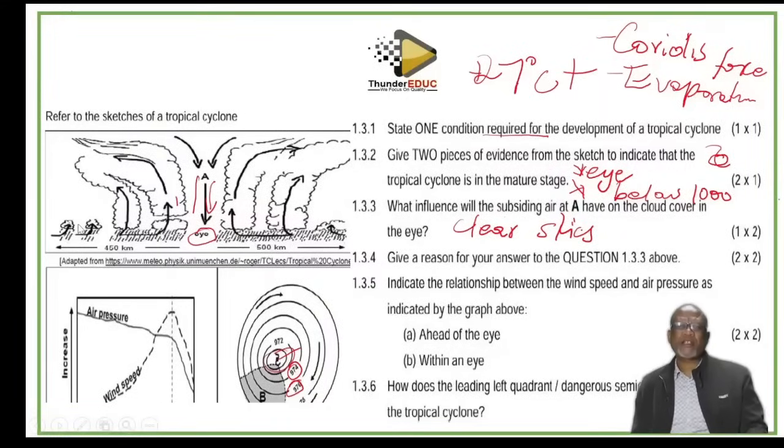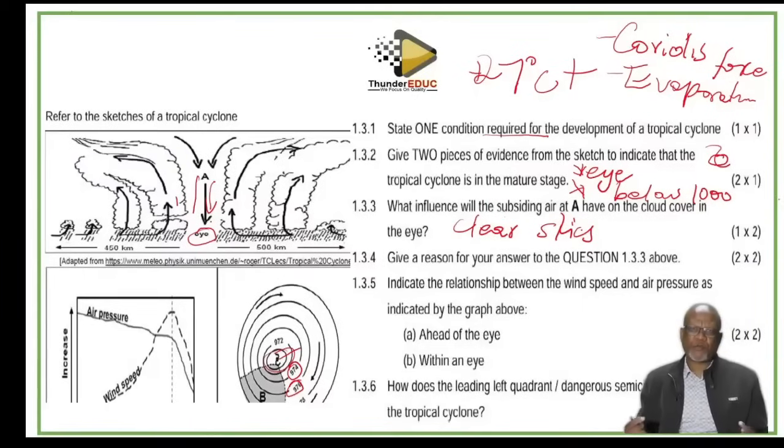So during the occurrence of berg winds, do we have clouds? We don't have clouds. So it's the same condition as in the eye of the tropical cyclone. In the eye of the tropical cyclone, the air is subsiding. So subsiding air is heated, and because the air is heated, there is no condensation.